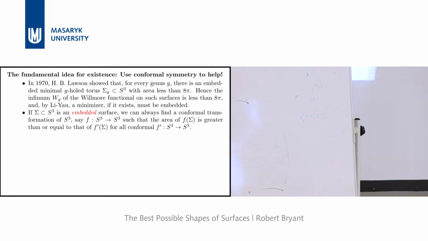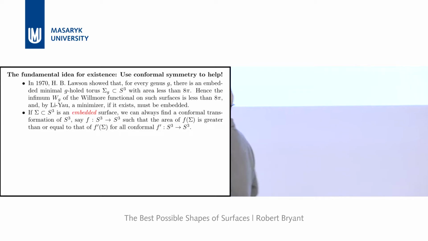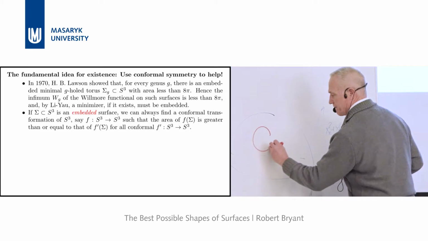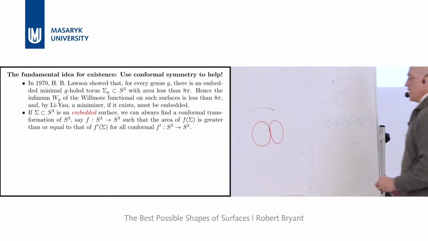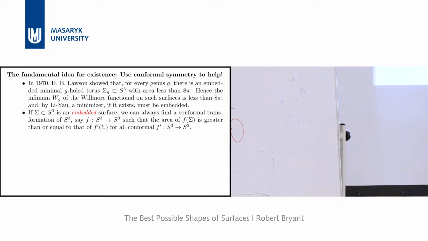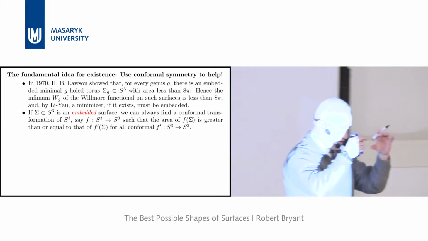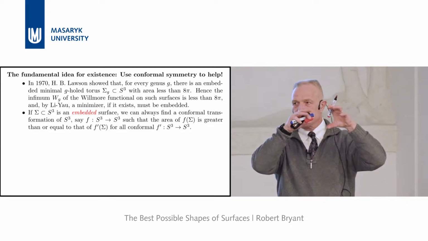And you take two umbilic spheres that are tangent to each other. If you start out with them being small, of course they don't have area anywhere near 4 pi. If they're umbilic spheres, their area is less than 4 pi.